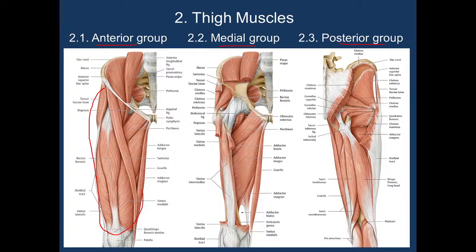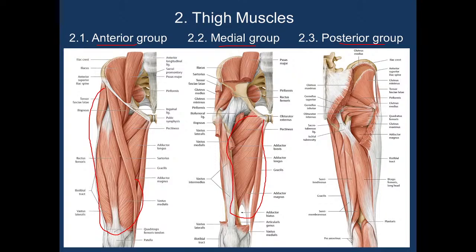The anterior and medial groups are just power muscles, and this is especially true for the anterior group muscles, which are quite large in football players.